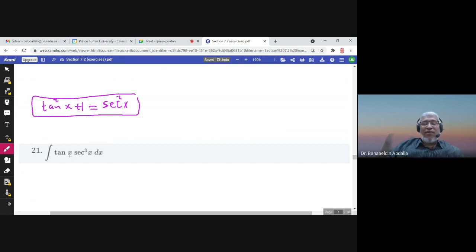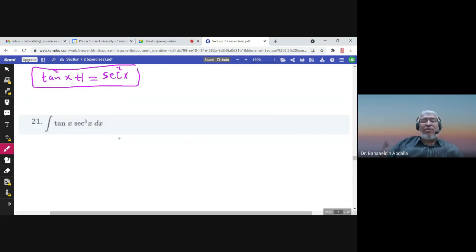If the power of tan is odd, take u as secant. And du would be the derivative of secant, which is secant tan.